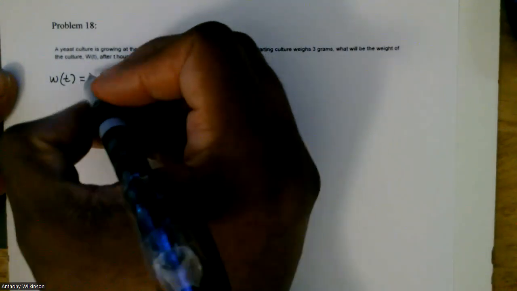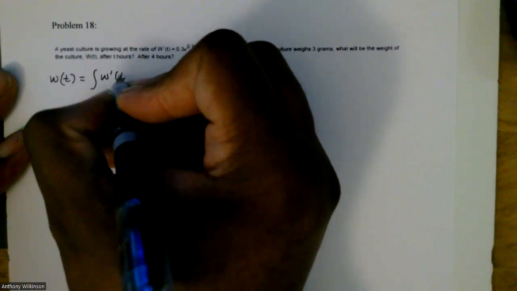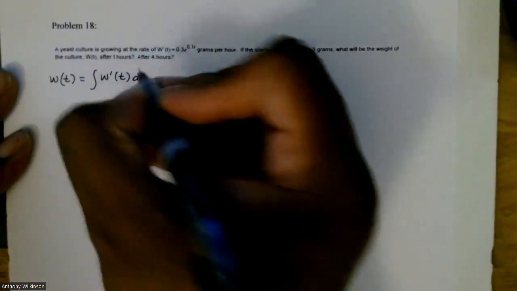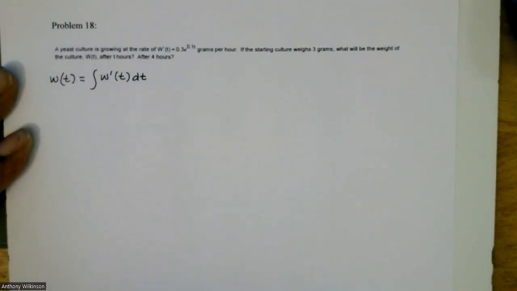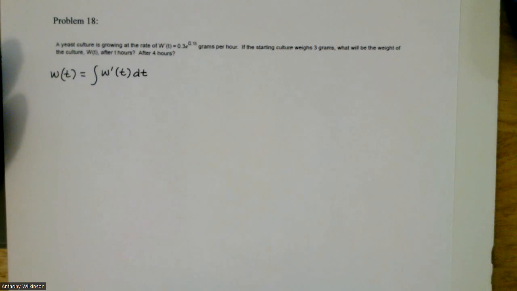And that's equal to finding the integral of W prime of t times dt, because we're given the derivative and we want to find the antiderivative, or the integral of this.